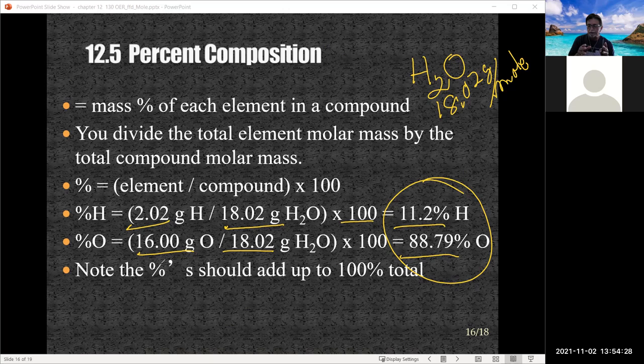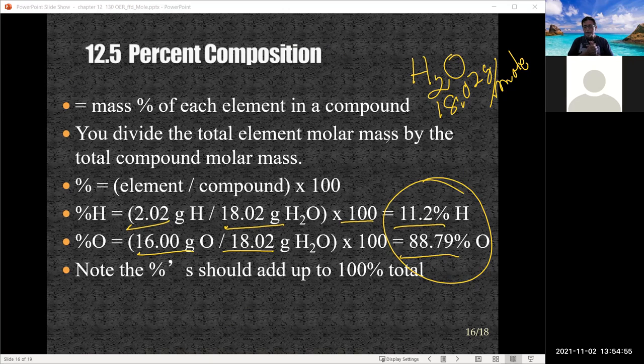So for percent composition, keep the answer with 2 decimal places. In reality you wouldn't be wrong, since each one represents an infinite number of decimal places, so your answer could have an infinite number of decimals, but keep it at 2 decimal places, only for this type of calculation.